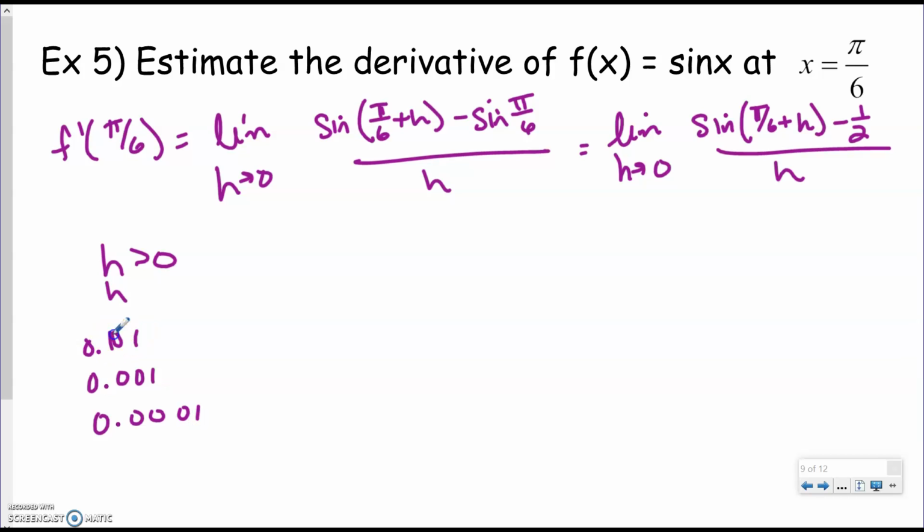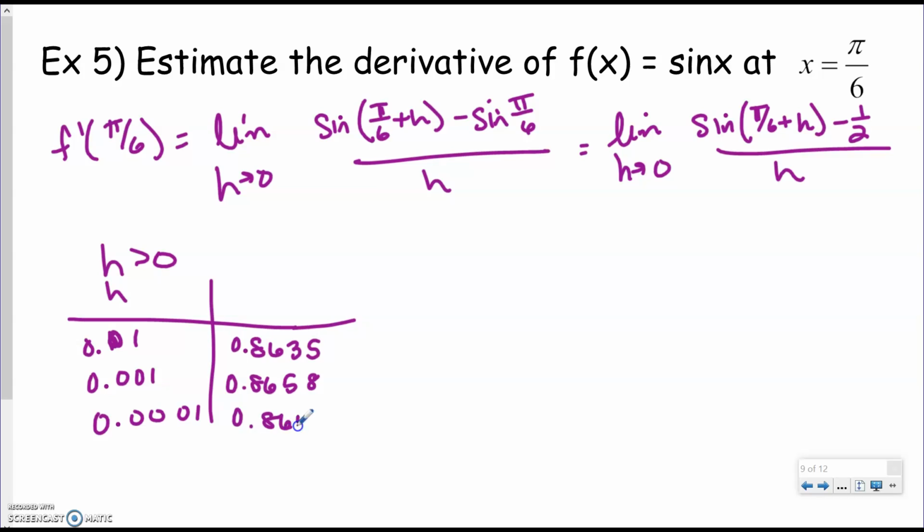Let's add a 0 there, make that closer. And when I type that in for my h values, I get 0.8635, 0.8658, and 0.8660.